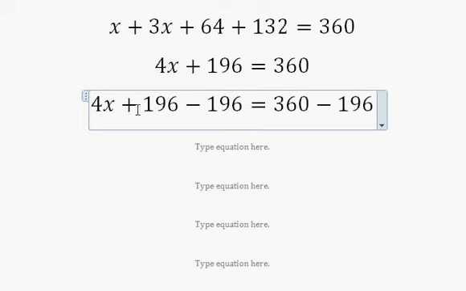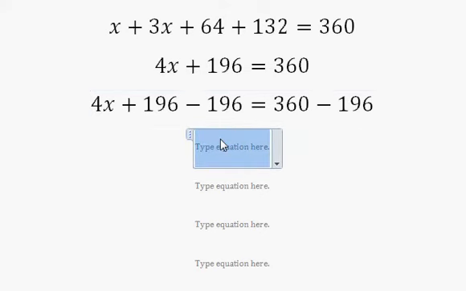And 4x plus 196 minus 196, well, 196 minus 196 is simply 0. So instead of saying 4x plus 0, we can just say 4x is equal to 360 minus 196. A simpler way for me to do this would be to say 360 minus 200, which would be 160.